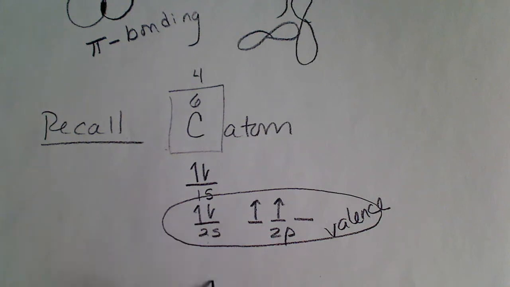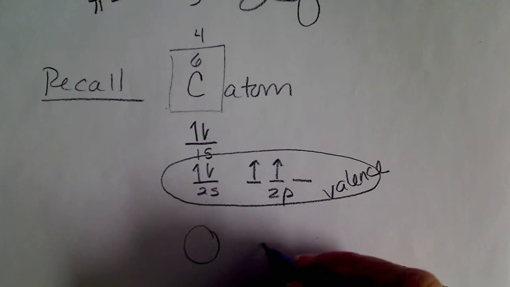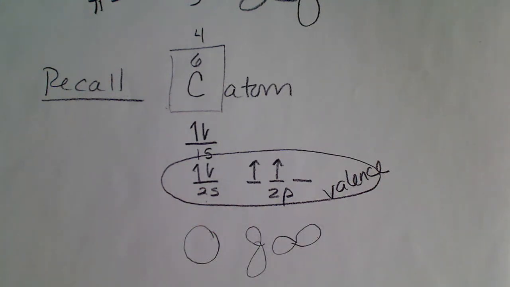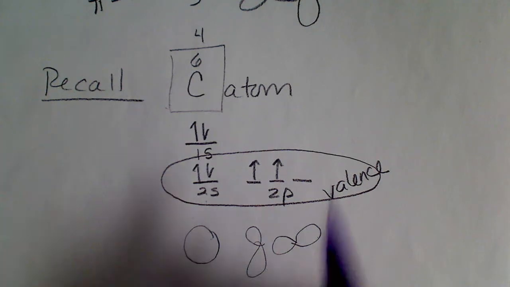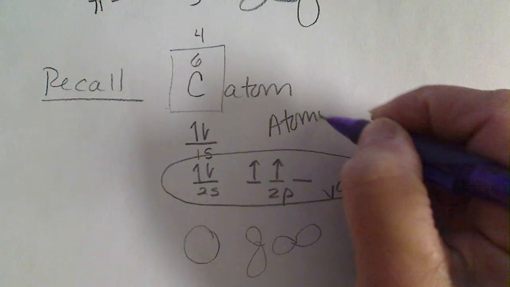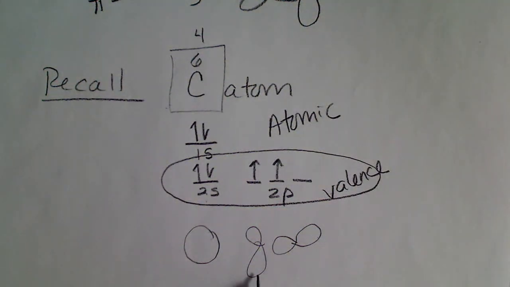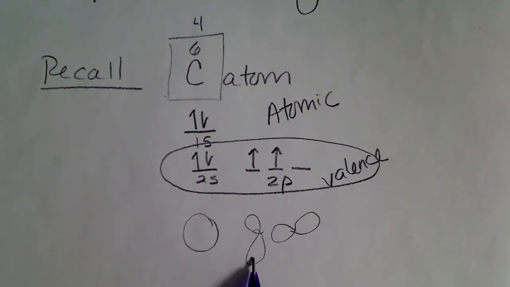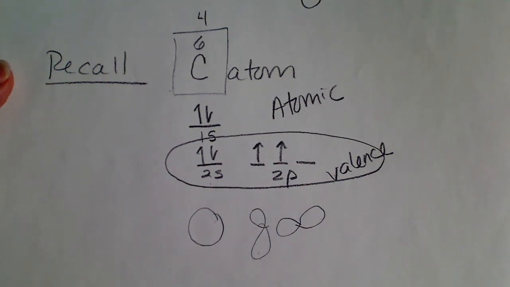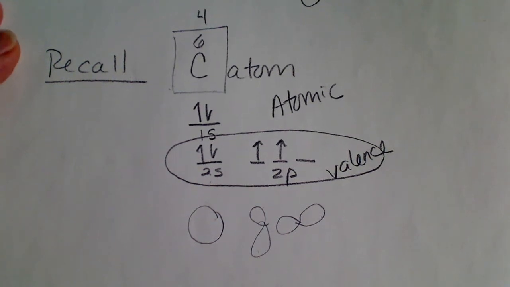And since the s orbitals are spherically shaped and the p orbitals have the odd shapes like this, atomic orbital theory, so these are atomic orbitals, these don't give us a good argument, so to speak, for why we see identical bonds in a carbon when it's combined with other atoms to form a molecule.